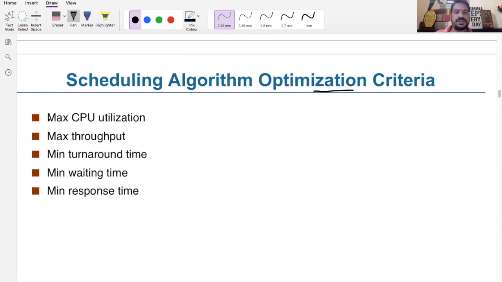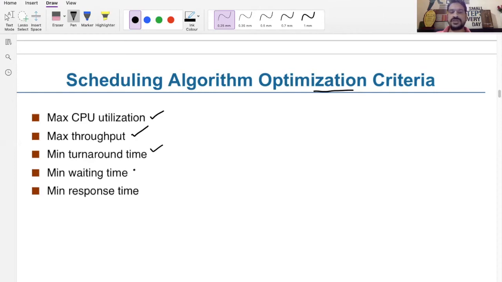Our target is to maximize the CPU utilization, so we use algorithms that maximize it. Second, maximize the throughput, meaning how many processes we have executed in a particular time duration. Minimize the turnaround time, meaning the whole execution time has to be minimized. This is another criteria for any scheduling algorithm.